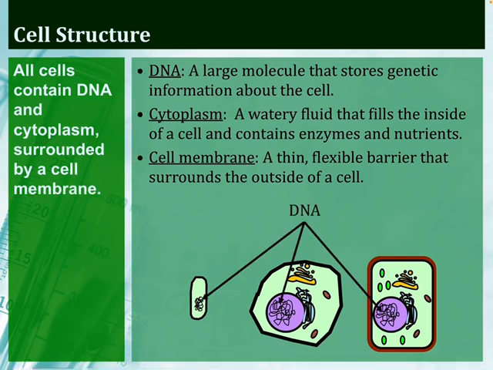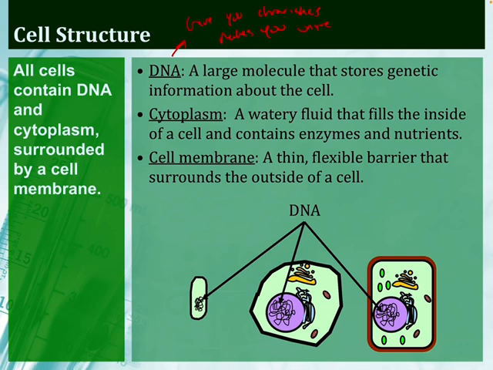So DNA is a large molecule that stores genetic information. So your DNA is what makes you, you. DNA will give you characteristics. It makes you unique. And it is the genetic basis of life. Cells are the basis of life, and within those cells, you have your DNA, which will have genetic information, specific codes, a specific sequence.